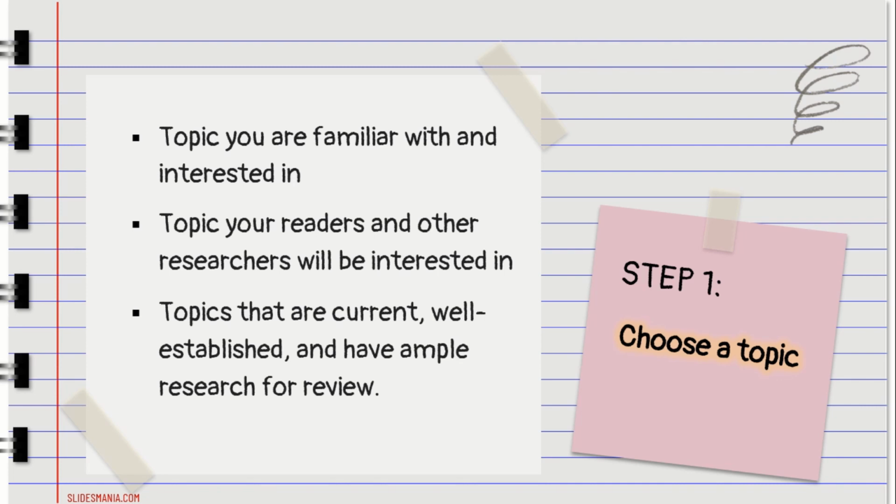Also, choose a topic that you are intended your readers and other researchers will find interesting and useful. And lastly, choose a topic that is current, well established in the field, and about which there has been sufficient research conducted for review.